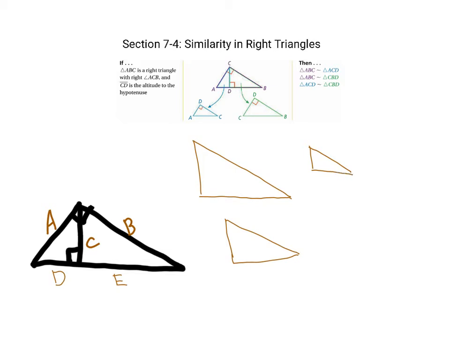And I'm going to label them S for small, M for medium, and L for large. And I'm going to draw all three of them in the exact same orientation. So every time I draw a triangle in section 7.4, it's going to be a right triangle that looks exactly like this.